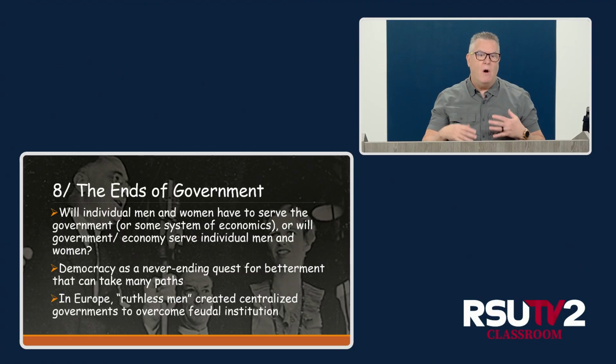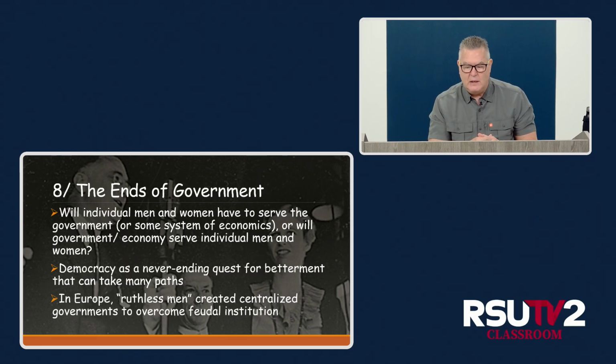And he draws the contrast between the United States, where we emerged first as a colony, but ultimately as a republic. But in Europe, he makes the argument that ruthless men created centralized governments to overcome feudal institutions.